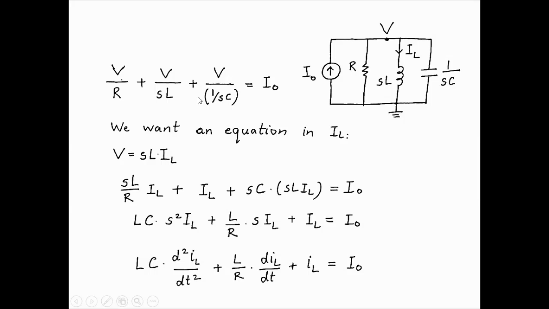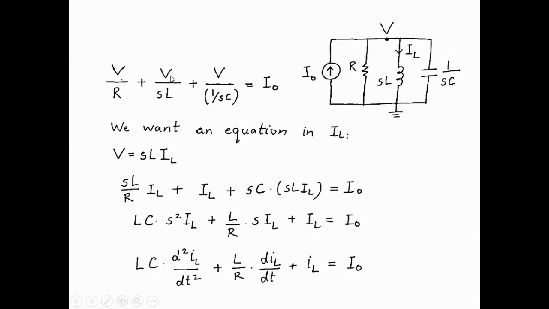in this form, KCL. So we say, well, these can be treated as equivalent to resistances once we have the s. And then we get an algebraic equation, and for now I'm going to solve for the inductor current. So we want to write an equation for the inductor current, and we just saw that V is equal to sL times IL.